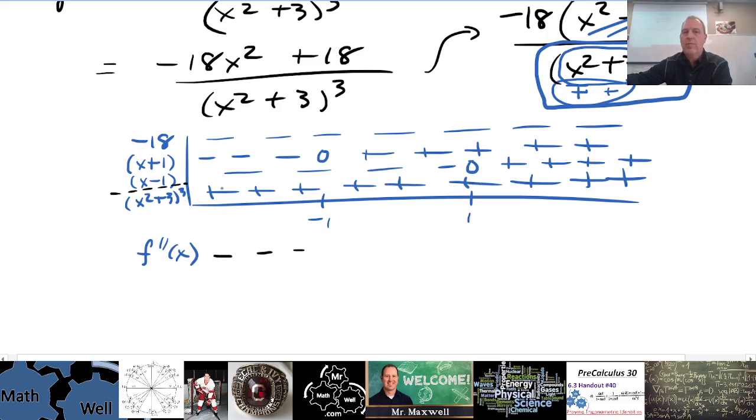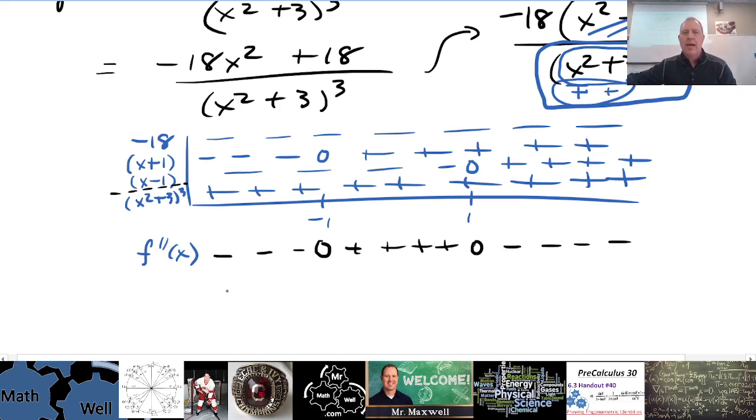There's no 0 on the bottom for this factor, so we're okay, but this is a divided by, so this is going to be 0. Negative times a negative, okay, positive. Negative times 0 is going to be 0. And then negative times a positive. Okay, so we got these signs.